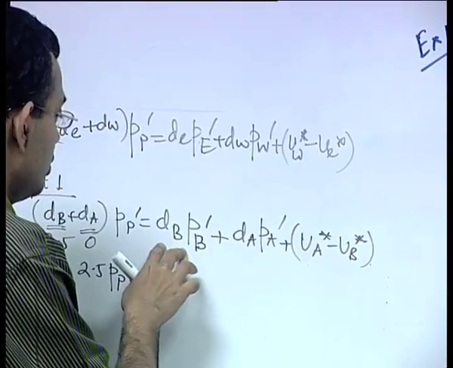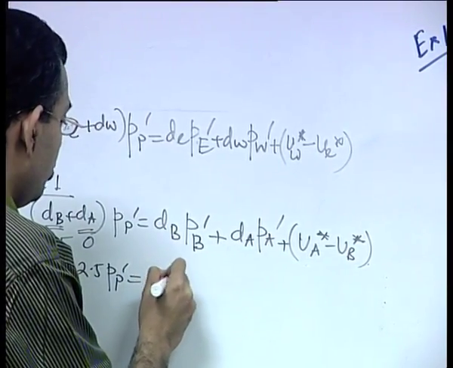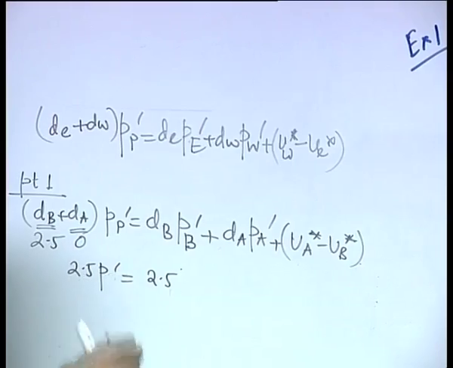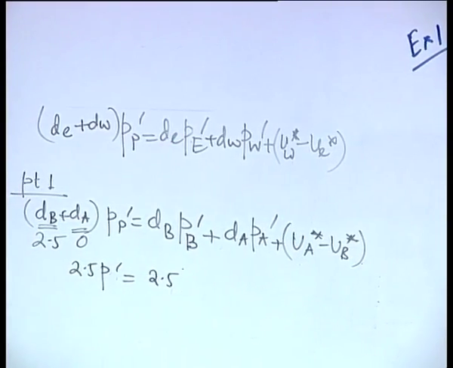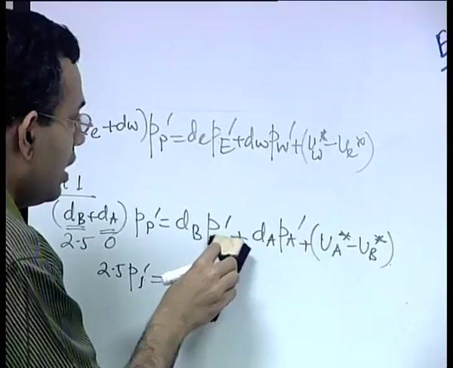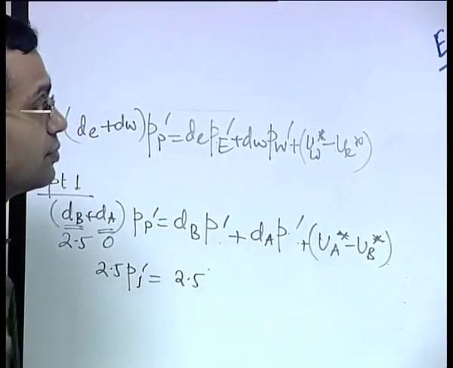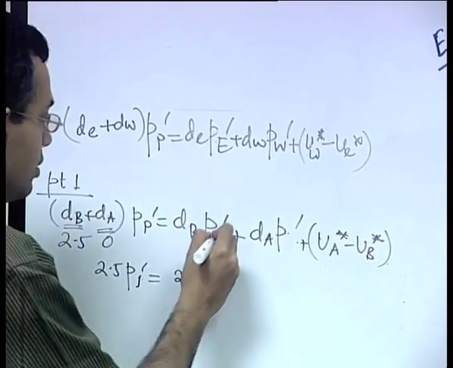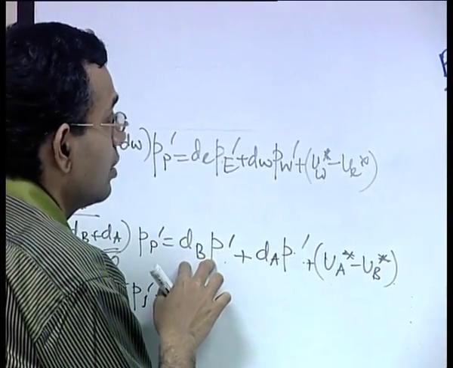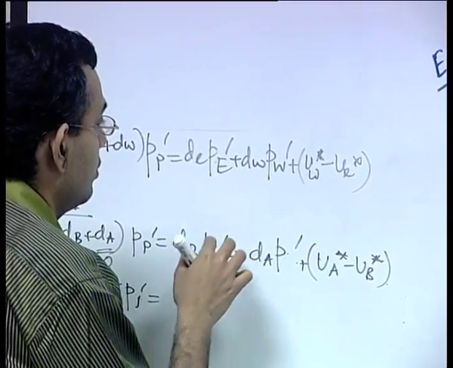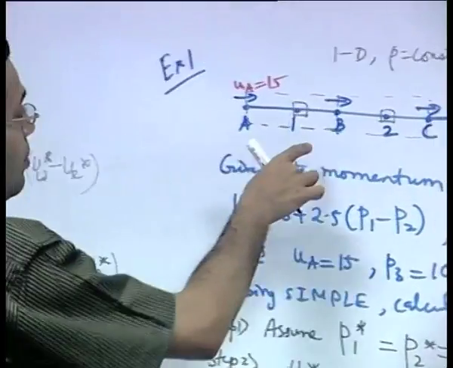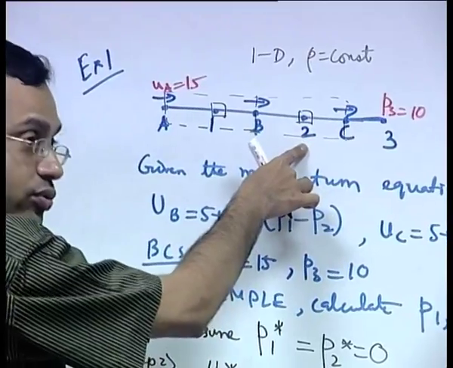is equal to 2.5, or in place of p we will put 1, p1 prime, sorry, instead of b and a, these will be the numbers. So, this will be dB, instead of pe prime, what will that be? 2 p2 prime.